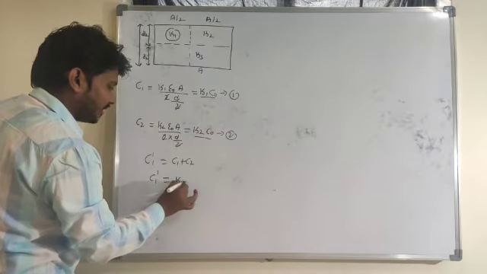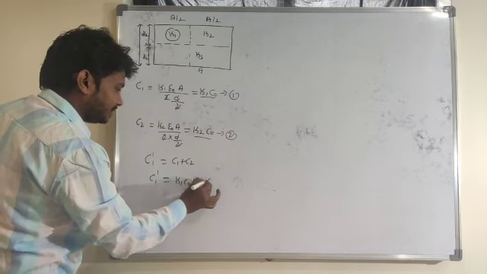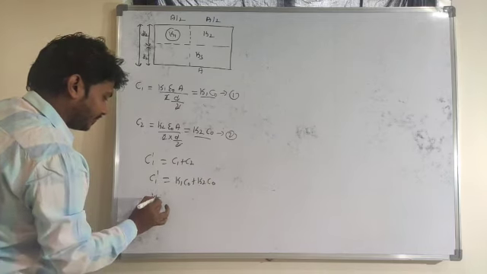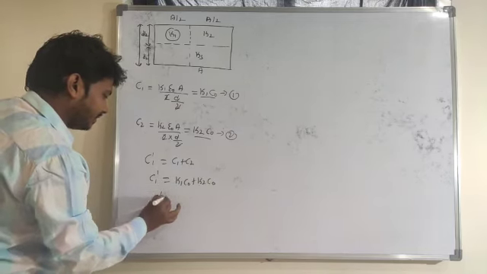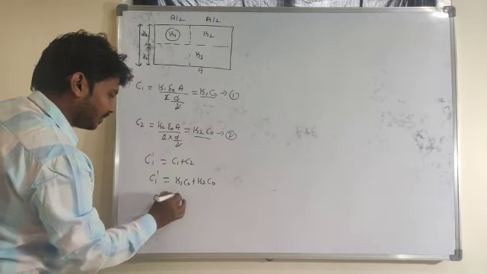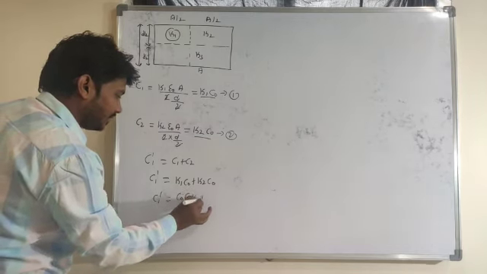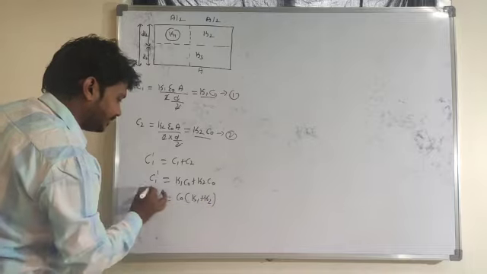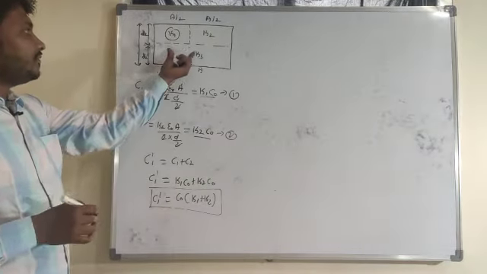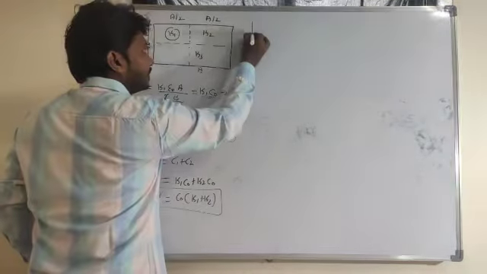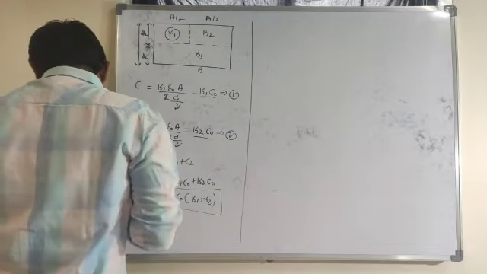C1 is K1 into C naught, and this is K2 into C naught. So C1 dash is equal to C naught into K1 plus K2. Is it right? Now let me consider what the capacitance value is for K3. Look at here for K3.